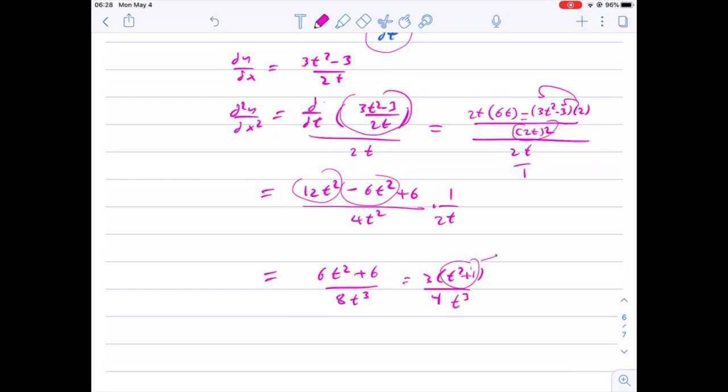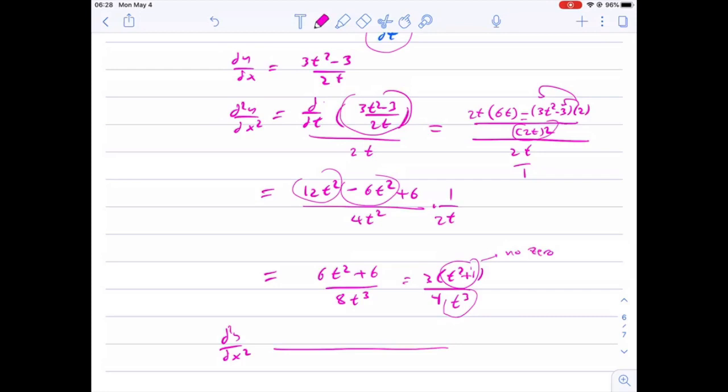Now the numerator, this is not solvable, there is no 0 for this. Because when we study the second derivative for the sign and concavity, we need to determine the points where the second derivative is equal to 0 or does not exist.